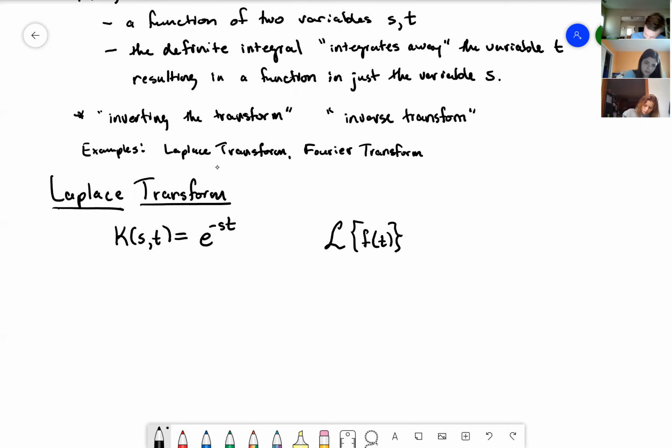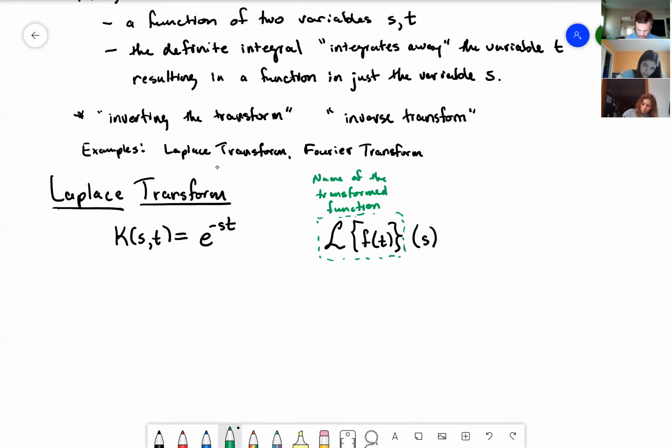So something like this. This is a function of s. We think of this as the name of the transformed function, or the output of this transform.